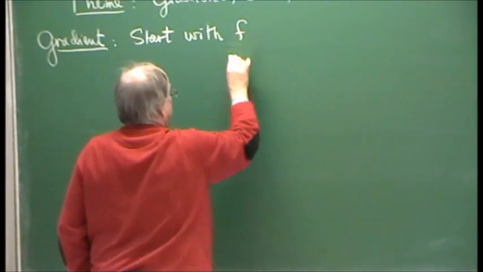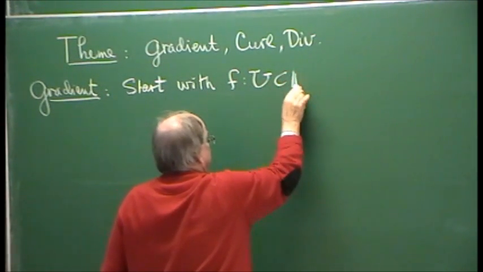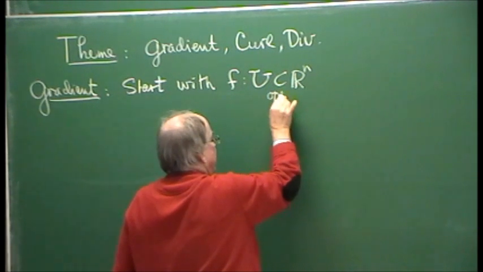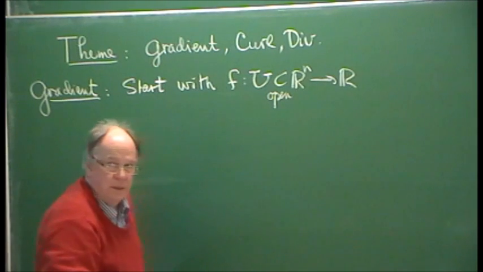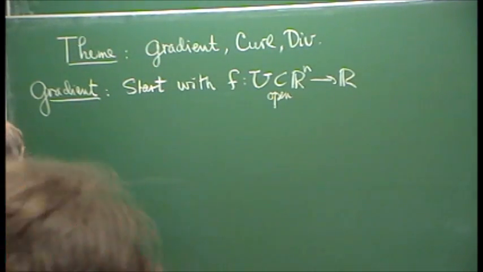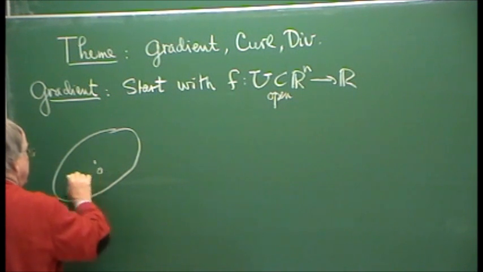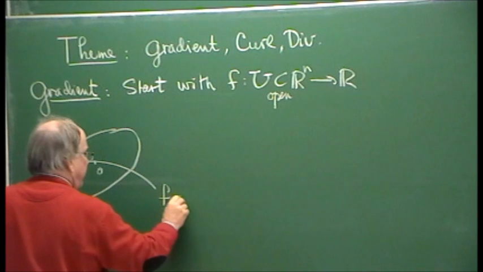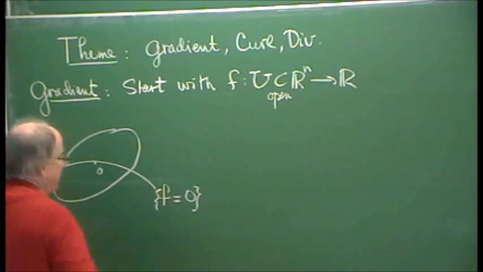The function on some domain in Rn, some open domain in Rn, real value function. And let's assume 0 is in this domain. And I'm looking at the set f equals 0, the zero set of the function.